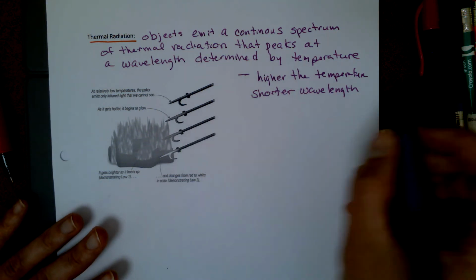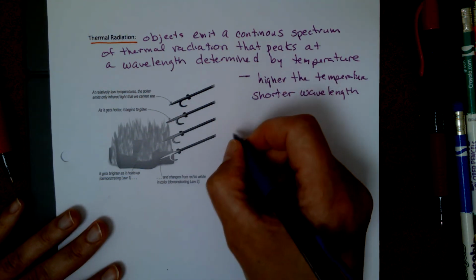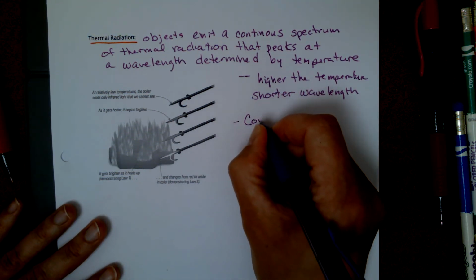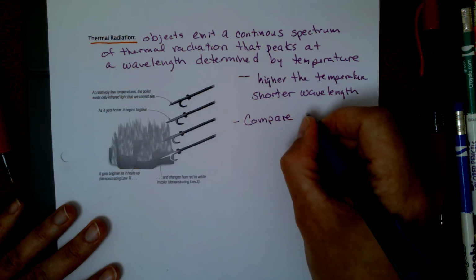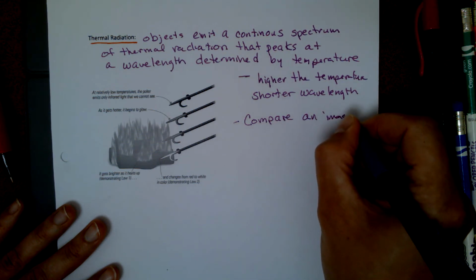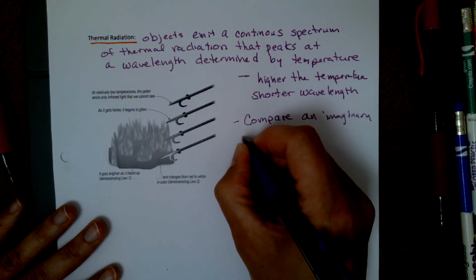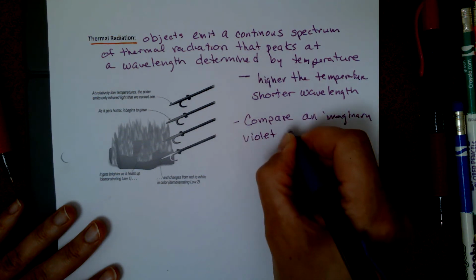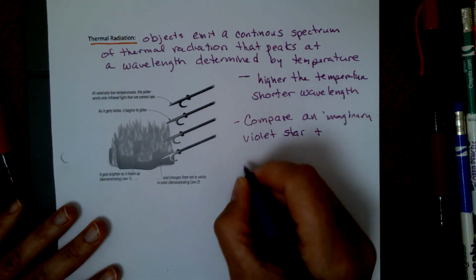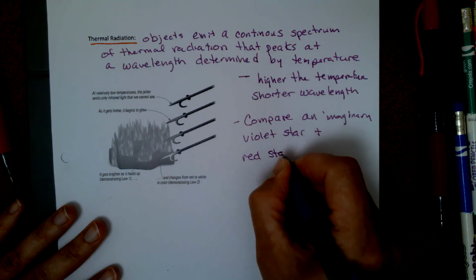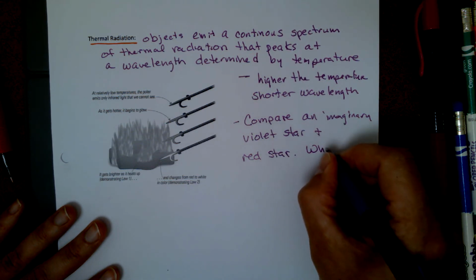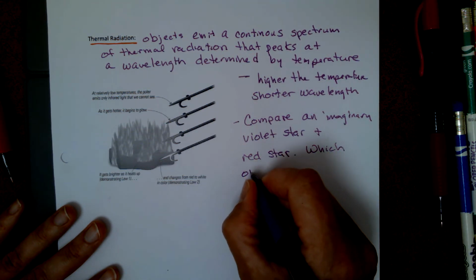So, for example, let's compare an imaginary violet star and a red star. Which one has a hotter surface?